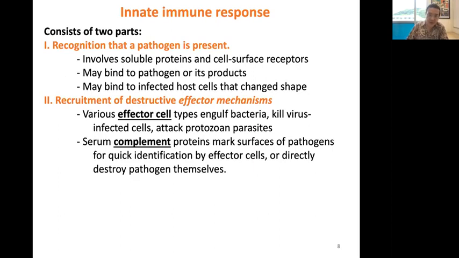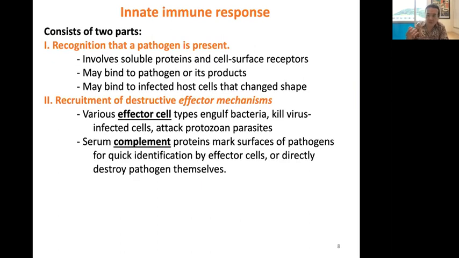As I said before, this quick general recognition involves soluble proteins. In other words, proteins that dissolve in water easily so that they are floating around in your blood or other fluids in your body. And some of these proteins are actually bound to the surfaces of different types of cells and act as receptors to receive signals.